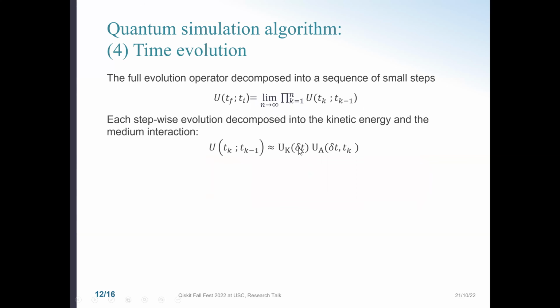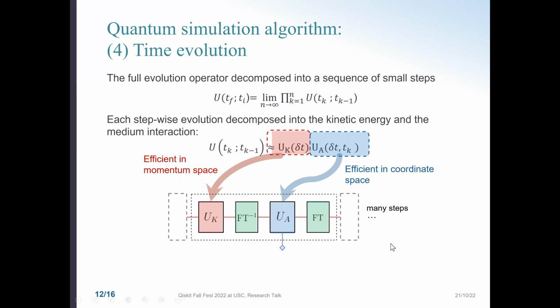And then within each time step, recall that our Hamiltonian has both the kinetic energy part and the interaction with the medium. Due to the properties of the Hamiltonian, the kinetic energy part is more efficient to calculate in momentum space, while the interaction with the medium is local in coordinate space, so it's more efficient to calculate in coordinate space.